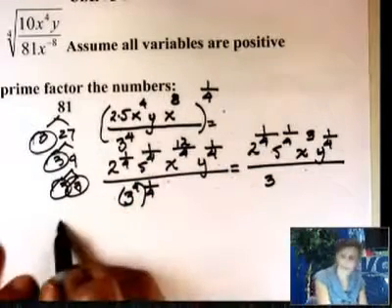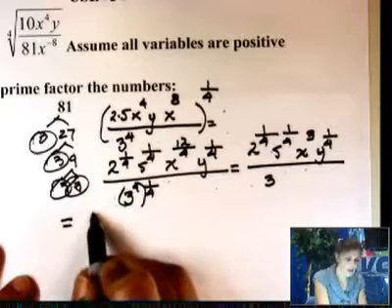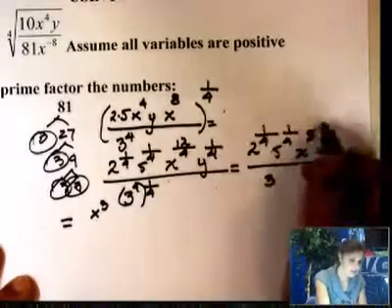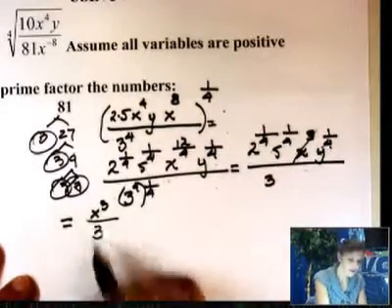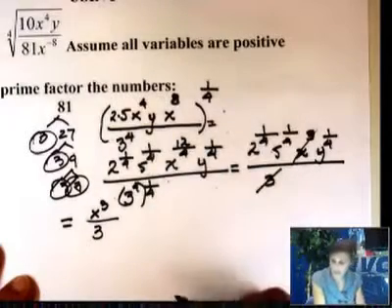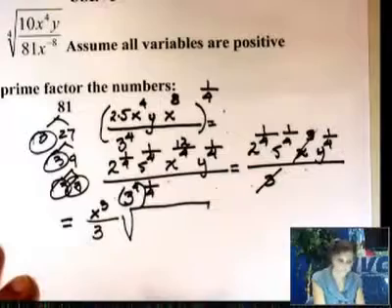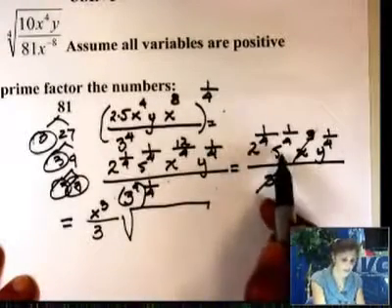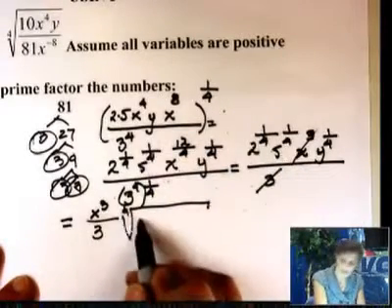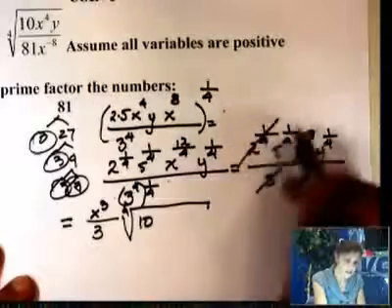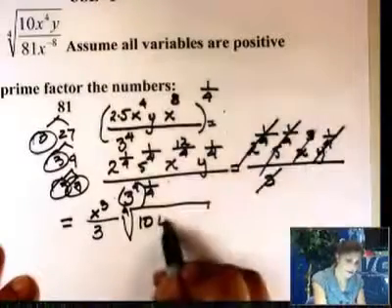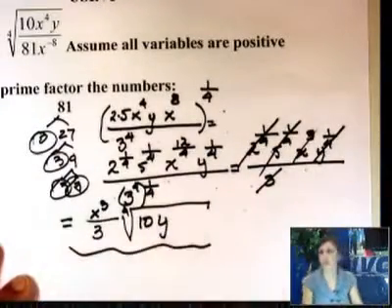So let's make it pretty. You have x cubed, which is this guy, over 3, which is this guy, and then I have what is left behind. You're going to have 2 and 5, so that's 10. This takes care of that, and then you have a y. You see, it is the same answer.